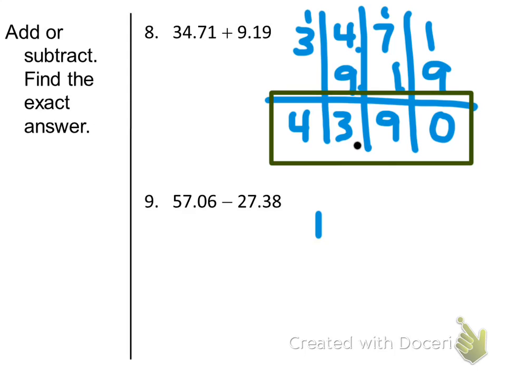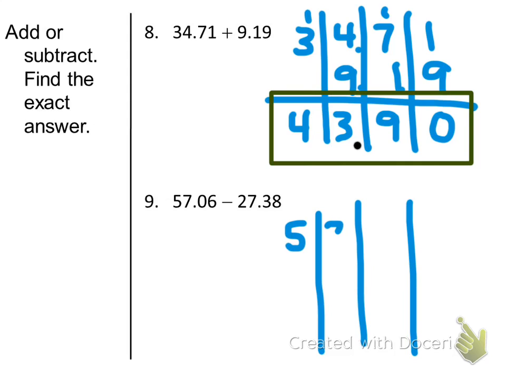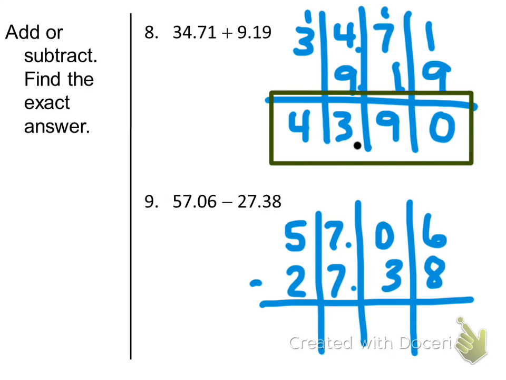For number 9, I'm going to do the same thing. Line up my place values. I have 57.06 and 27.38. This time I'm subtracting. So I need to borrow. I'm going to start from the beginning and borrow and give these bigger numbers. This is 16. This is 9.